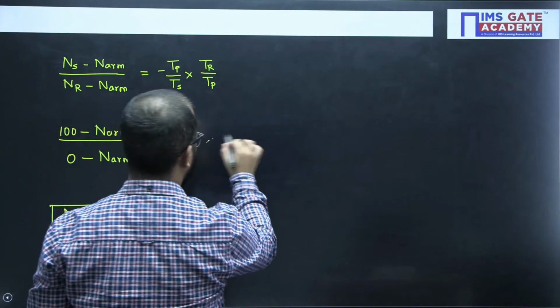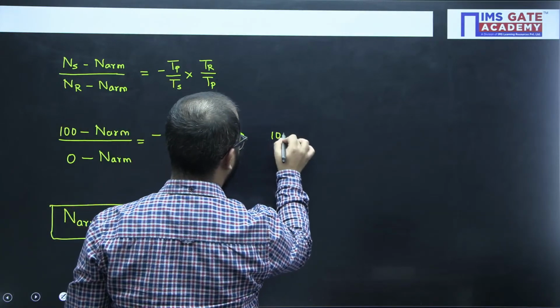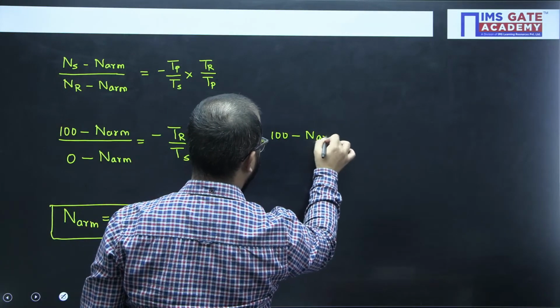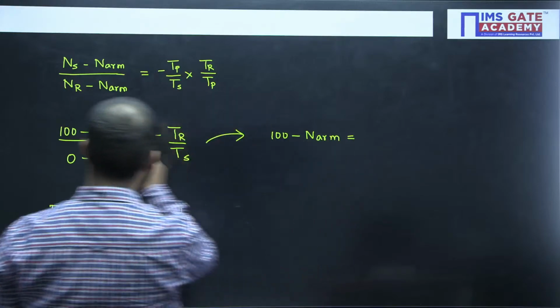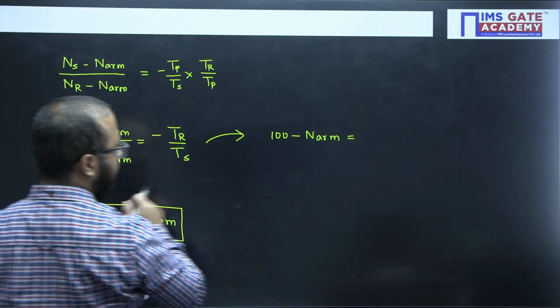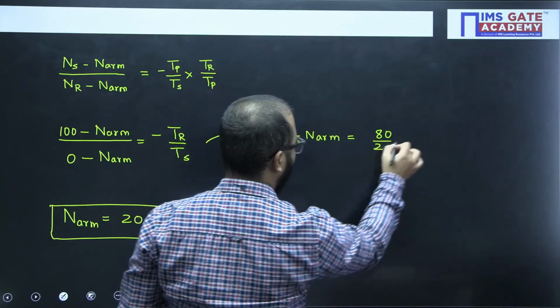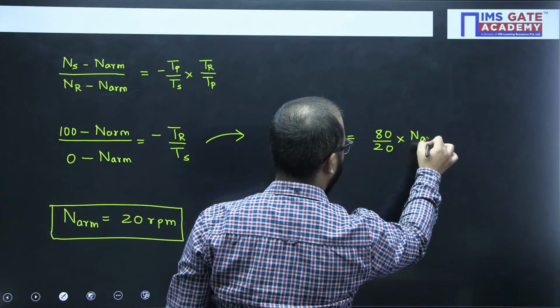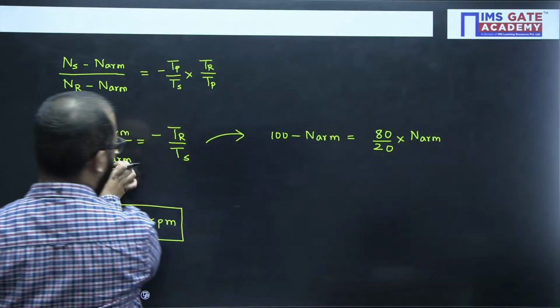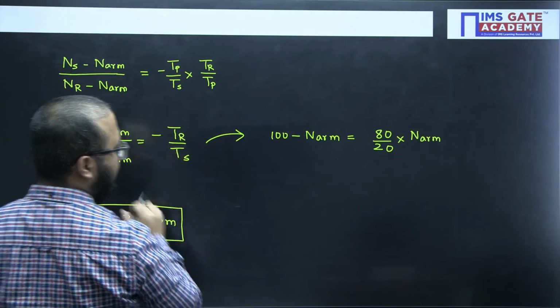Okay, so see, 100 minus n arm, this minus sign will get cancelled out with this minus sign. Tr was 80 divided by 20, into n arm. Okay, because n arm minus n arm will get multiplied here now.